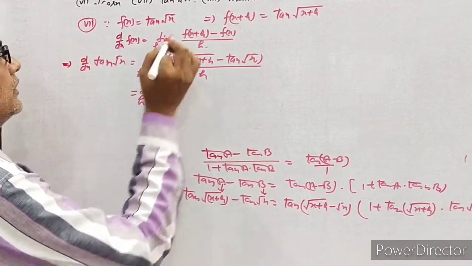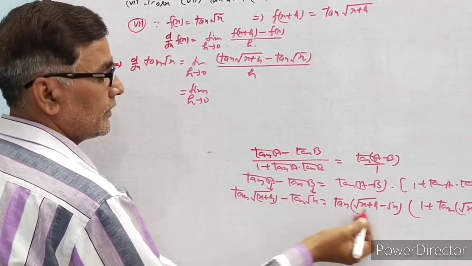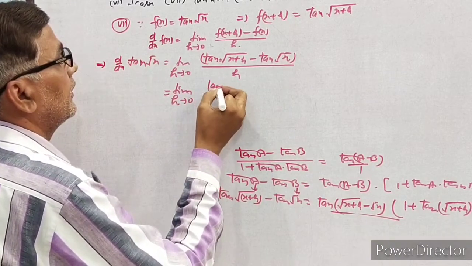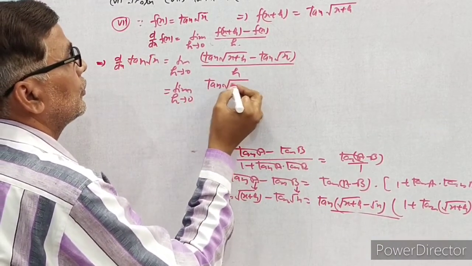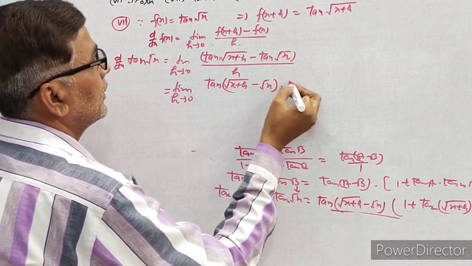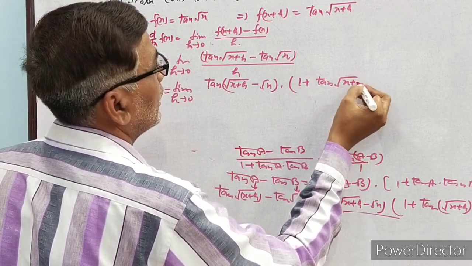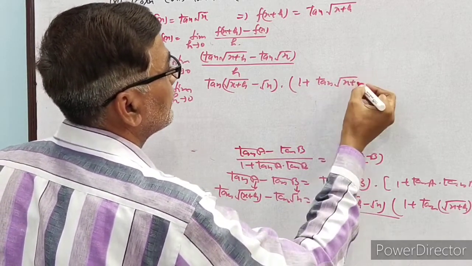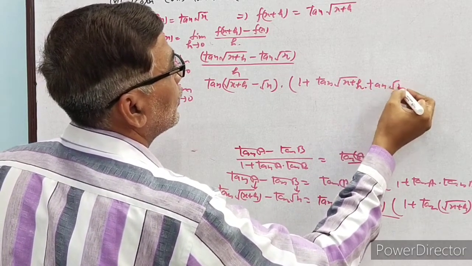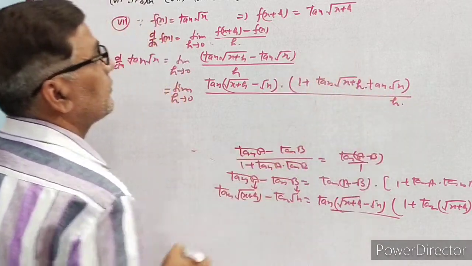Now replace this in the given expression. We can write tan root of (x plus h) minus tan root x is this one, tan(square root of (x plus h) minus root x) into (1 plus tan square root of (x plus h) and into tan square root of x), and the whole is divided by h.